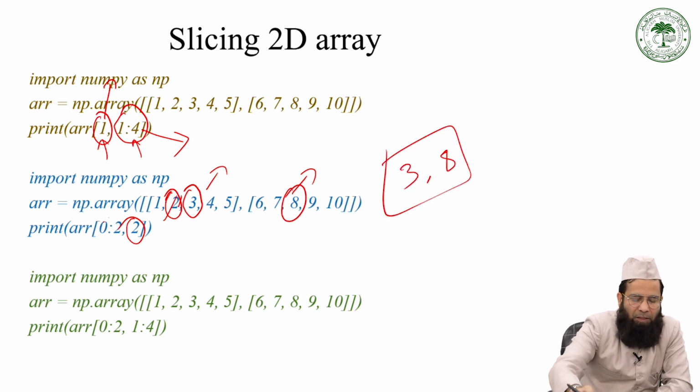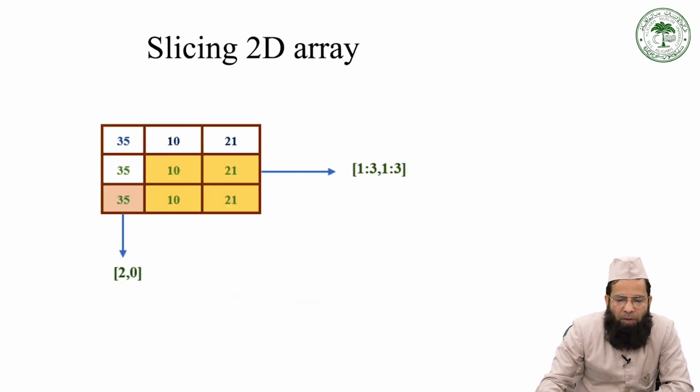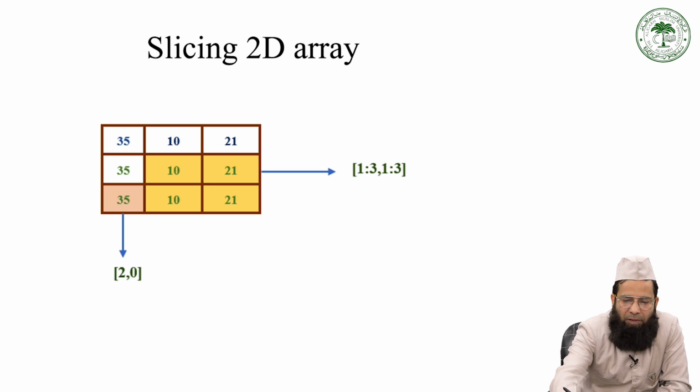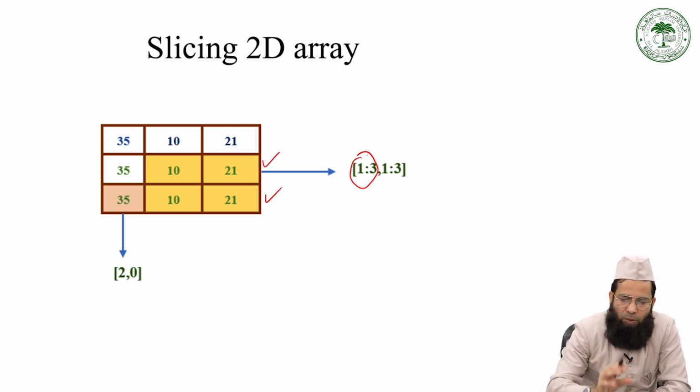Similarly, you can fetch other values as well. Like in this case, how does it work? For rows, 1 to 3 means the first and second rows, so you need to consider these 2 rows.